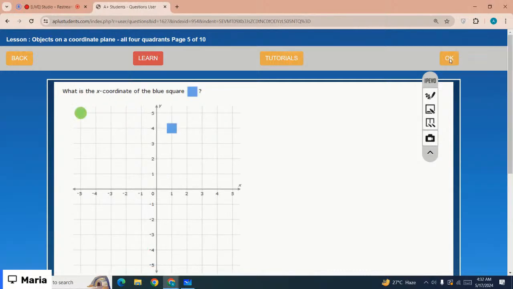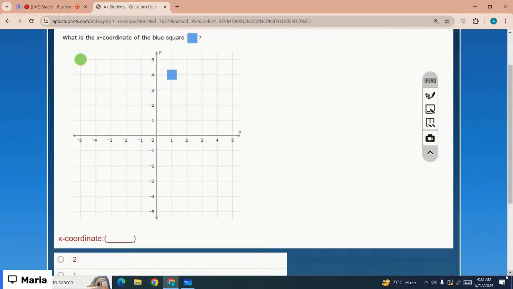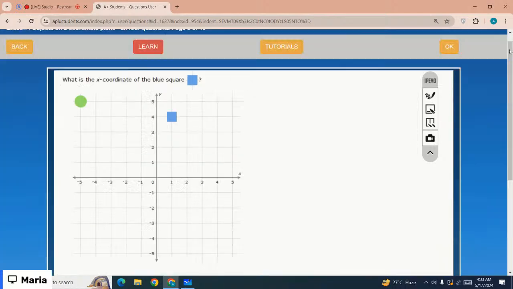What is the x coordinate of the blue square? Which is the correct option? The x coordinate of the blue square is 1. The correct option is 1.